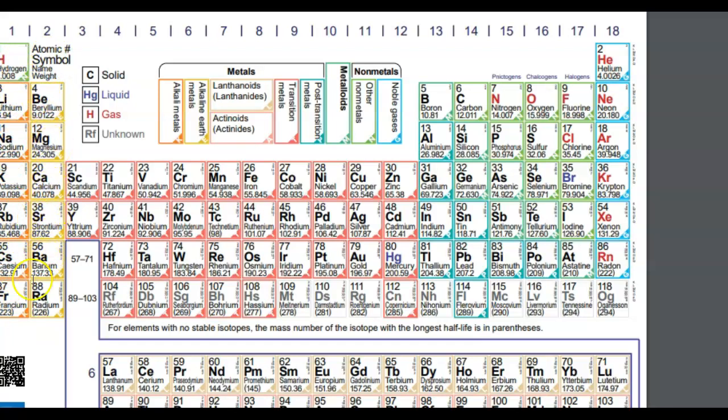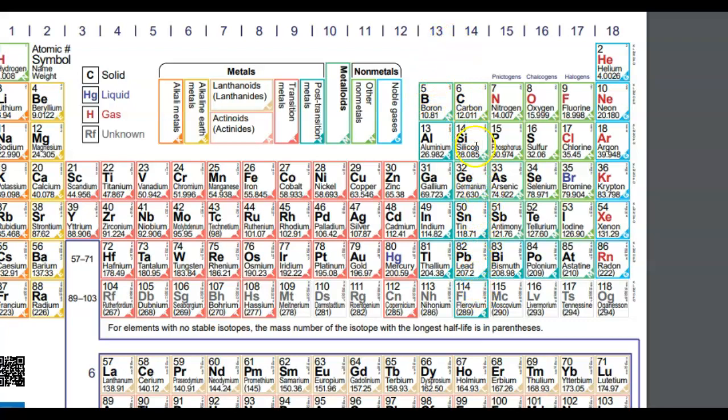Anything in the second column has 2 valence electrons, so it's pretty easy for them to lose 2 rather than try to gain 6. Oftentimes these are always going to be your +2 ions. Then you jump over to this column right here. You skip all the pink ones in the middle, the transition metals, and you jump over here. These are all going to be +3 because they have 3 valence electrons.